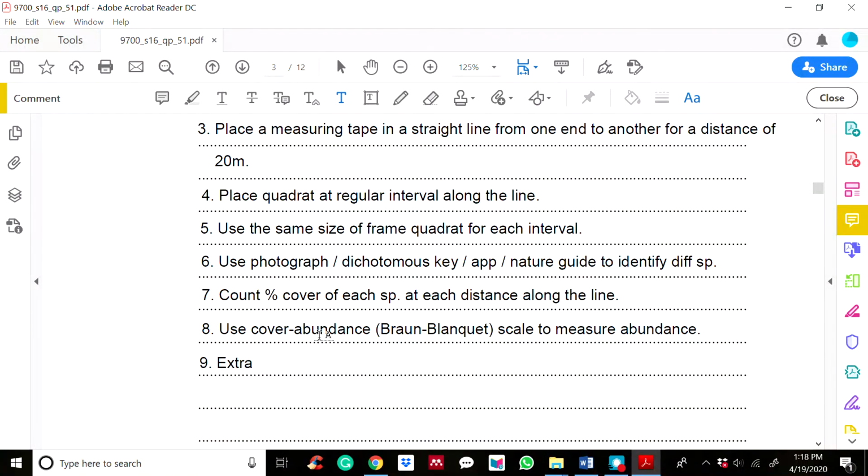Precautions. Extra precautions need to be taken to avoid miscounting of low-growing species.